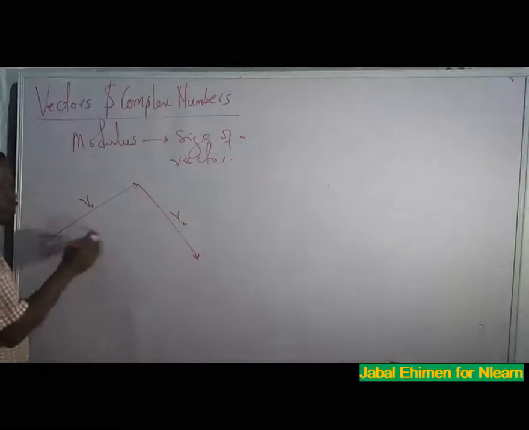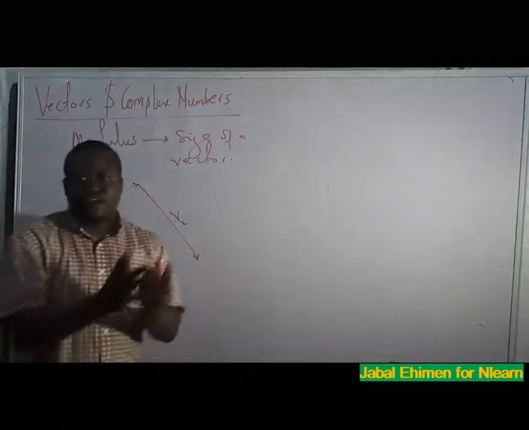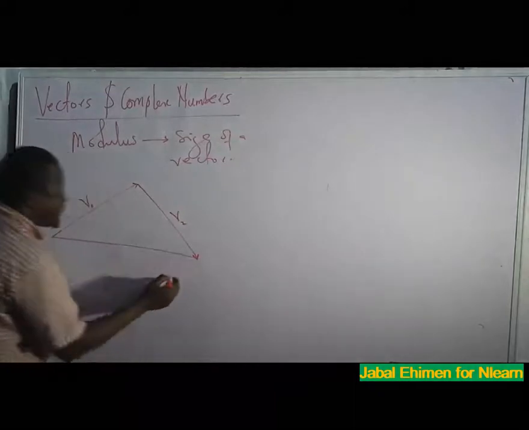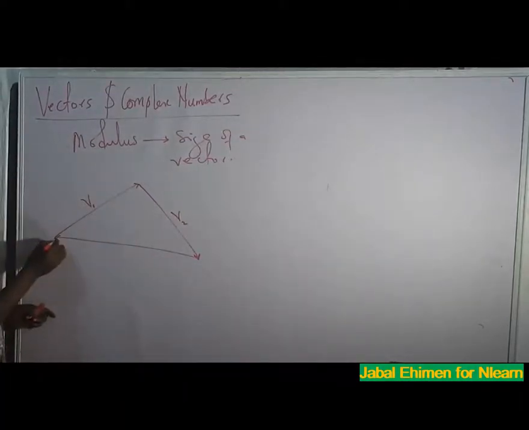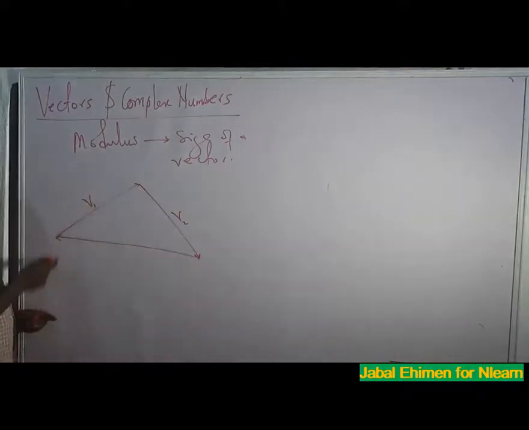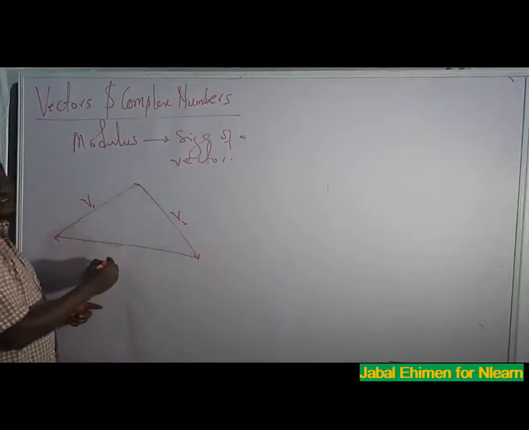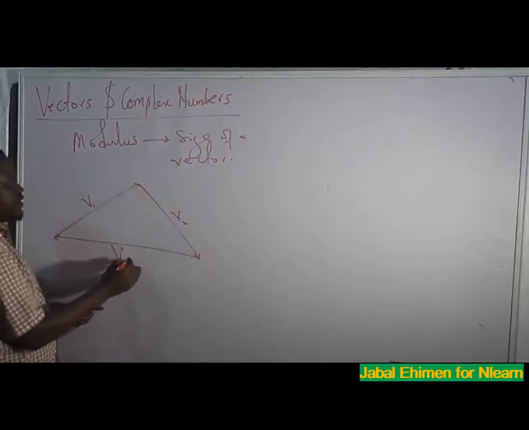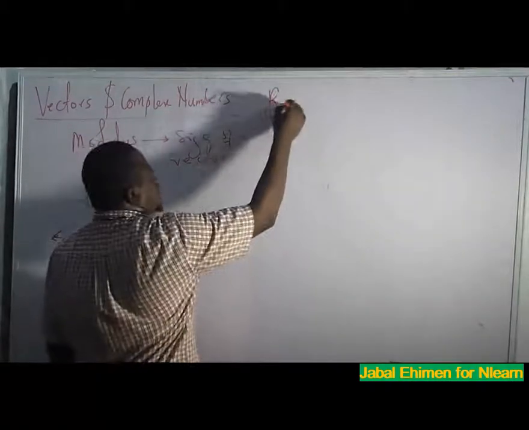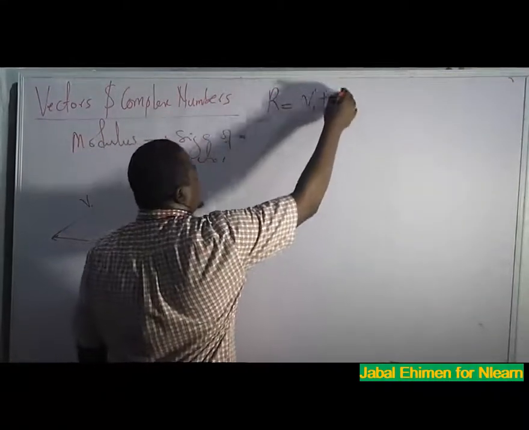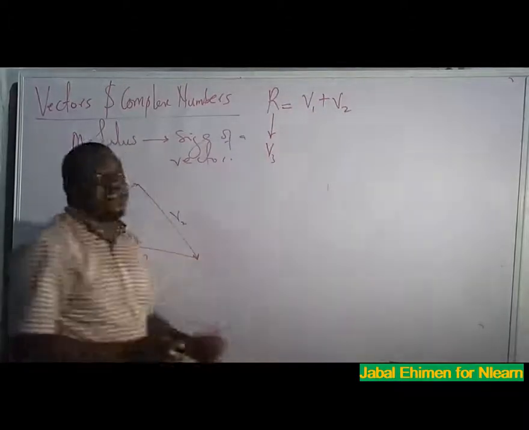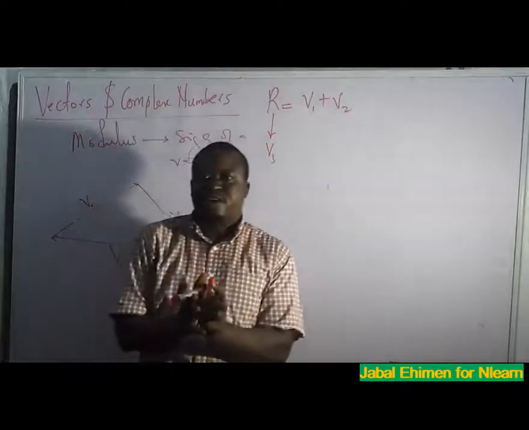The resultant also means the sum total of the two vectors. So the head and the tail continue from here. This vector here is the resultant vector. I can call it V3. So the resultant vector here is the addition of V1 plus V2, and this arrow is V3. So that is how combining vectors works.